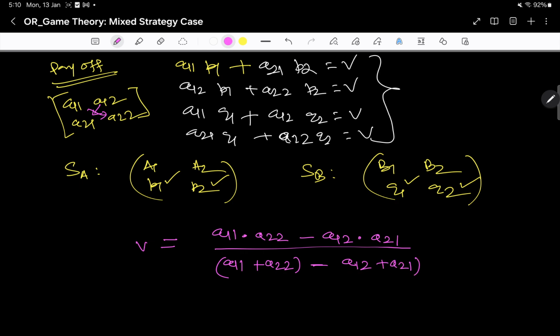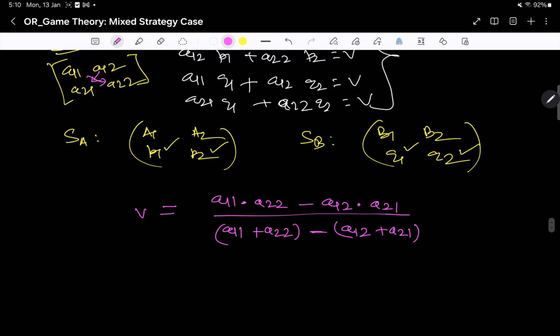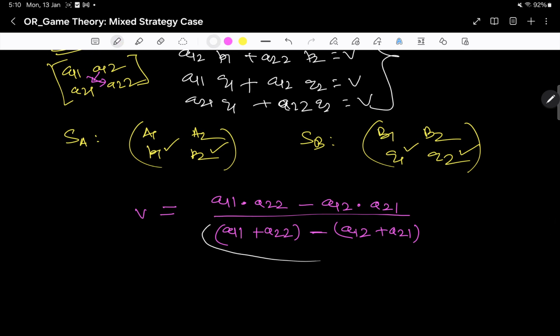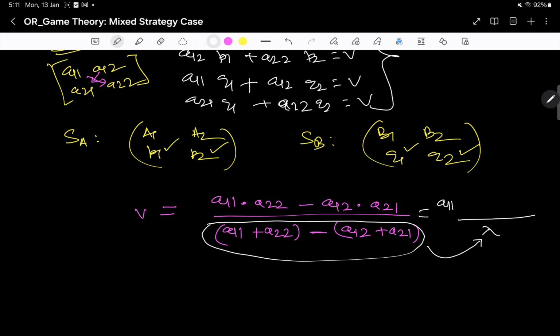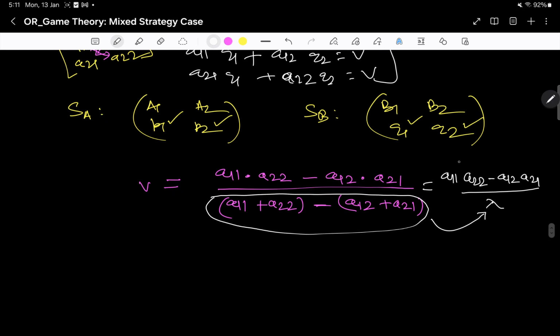Just recall it. This denominator is going to be used, so let me write it as lambda, where lambda is A11 plus A22 minus A12 plus A21. So this is my value of the game. We have to just remember it.